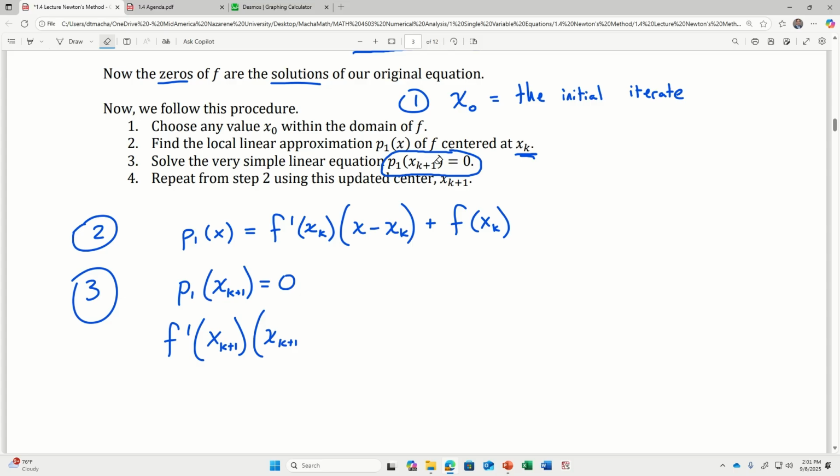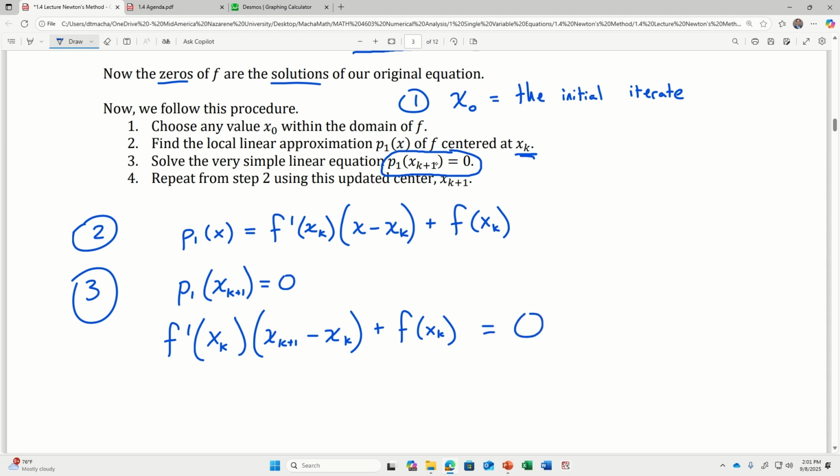Because right here when I plug in xk plus 1, I'm only replacing the x with that. I'm not replacing the xk. That stays the same. That's my bad. That's still xk. Okay, but I am replacing this x with xk plus 1, and this one that is xk gets to remain the same. Okay, that's what it's like to use a function and plug in a new argument. And I set this equal to 0.